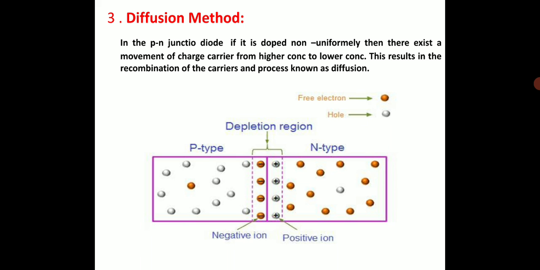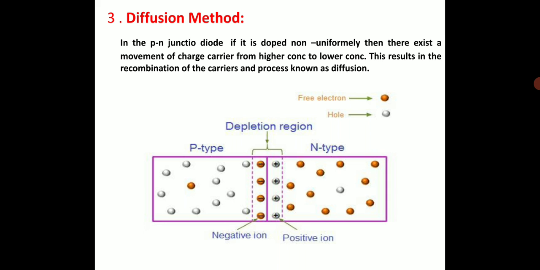In P type there is a higher concentration of holes, in N type a higher concentration of electrons, and due to this concentration gradient across the junction, the diffusion process will take place.